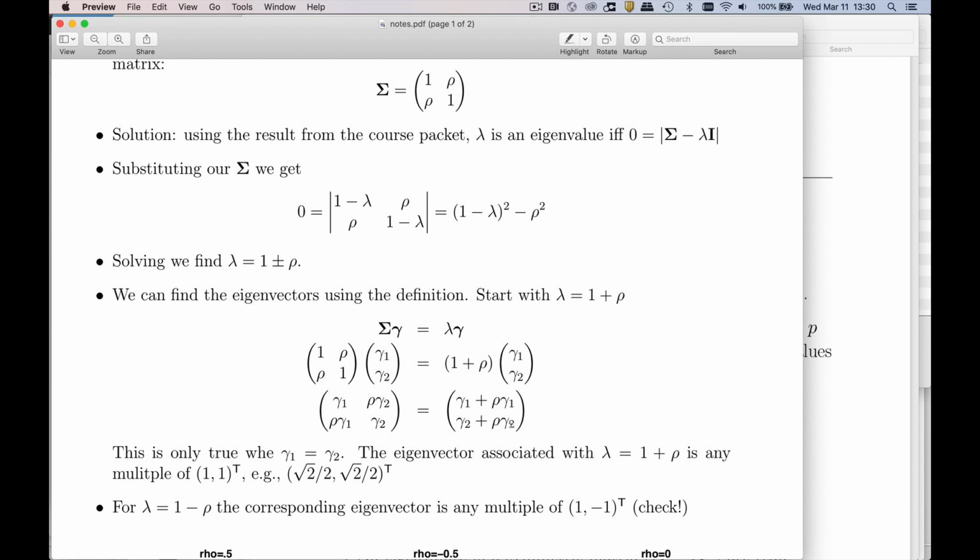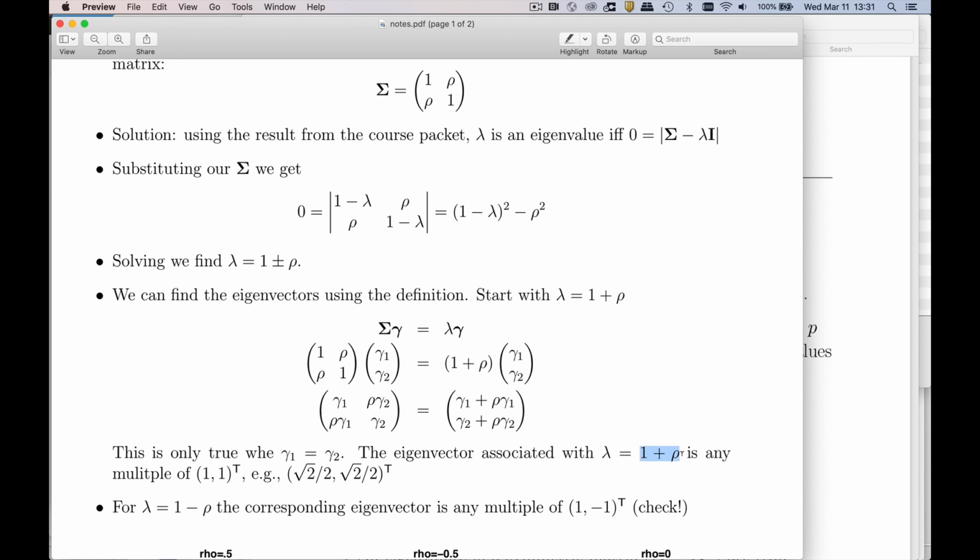Now the only time that the system of equations will work out is when gamma 1 is exactly equal to gamma 2. So any vector in this direction, where gamma 1 is equal to gamma 2, is an eigenvector associated with this eigenvalue.